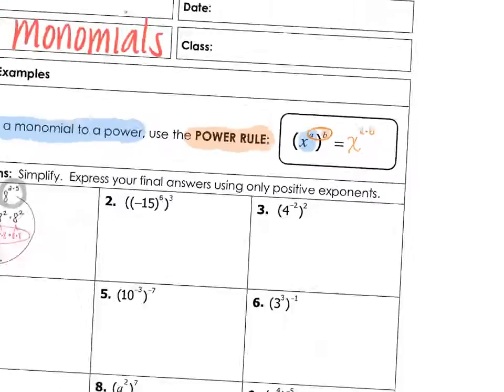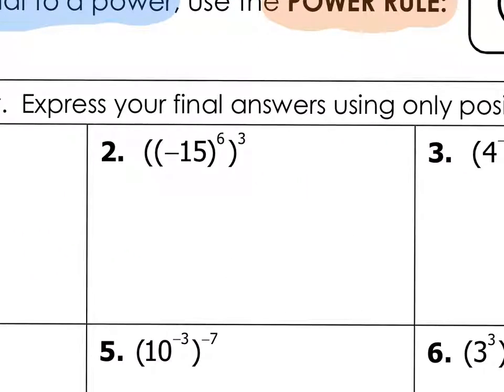So if we apply that rule to number 2, we end up with negative 15 to the 6 times 3, because here's my power and here's my other power. I highly recommend that you highlight the 2 powers, raising to the 6th and then to the 3rd.